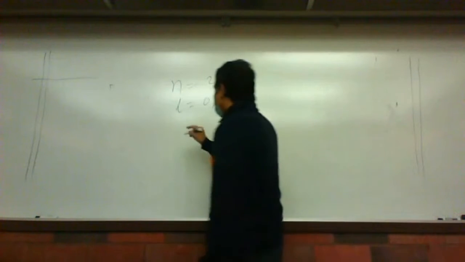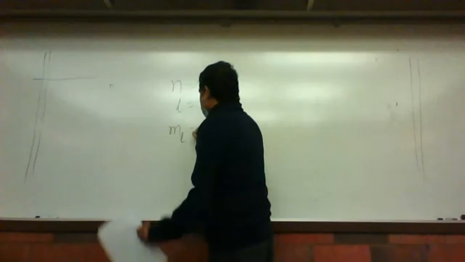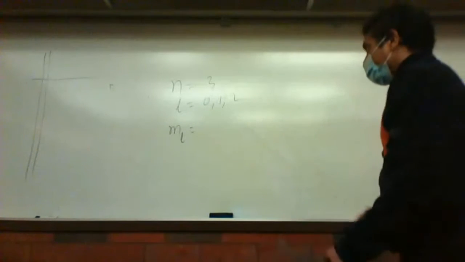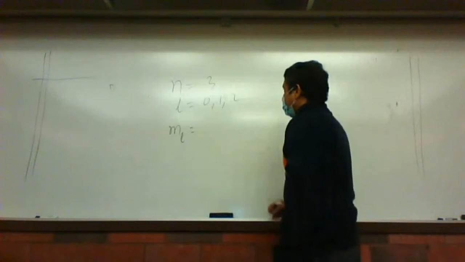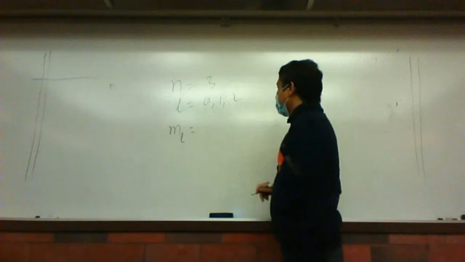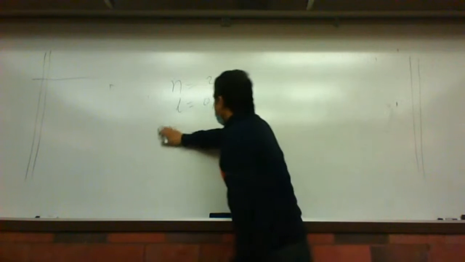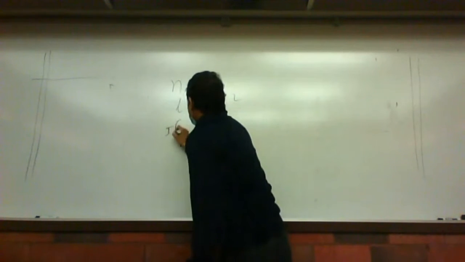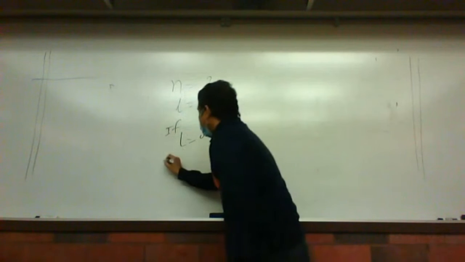Now let's talk about the magnetic quantum number, ML. So ML should be derived from here, this one, and this one. So let's talk about if L is equal to 0. If L is equal to 0, what is the value of ML?